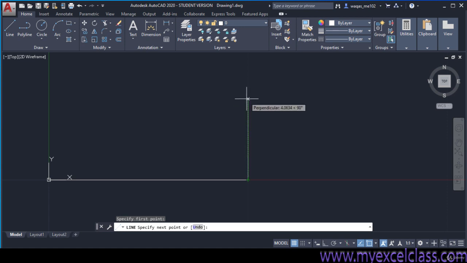That will be 5, angle 90, because from this point I am moving: here is 0, here is 90, here is 180, here is 270, here is 360. I want to move 5, 90.